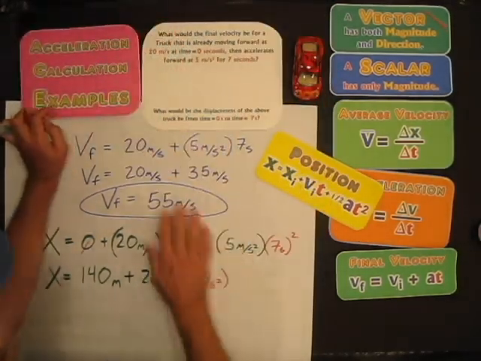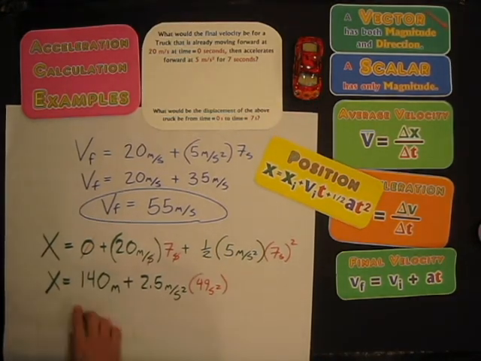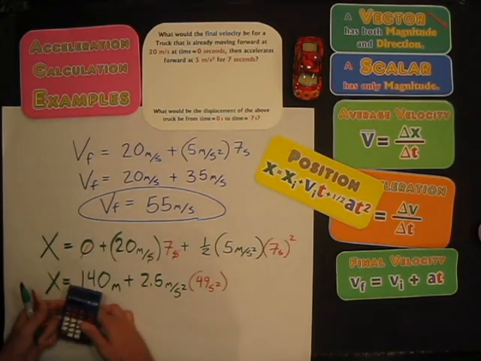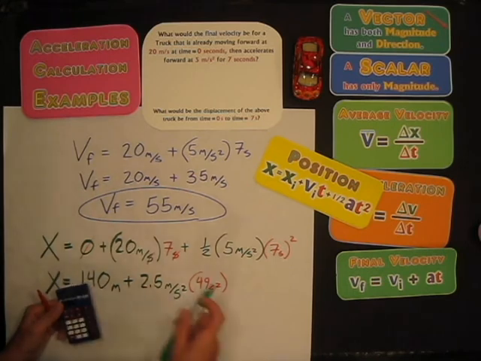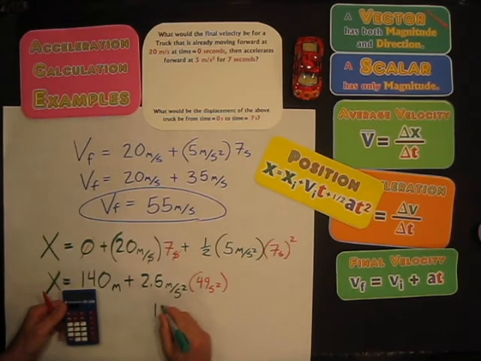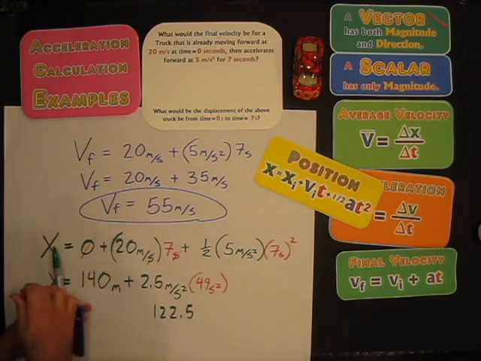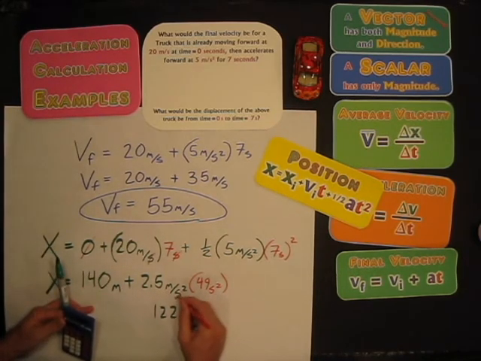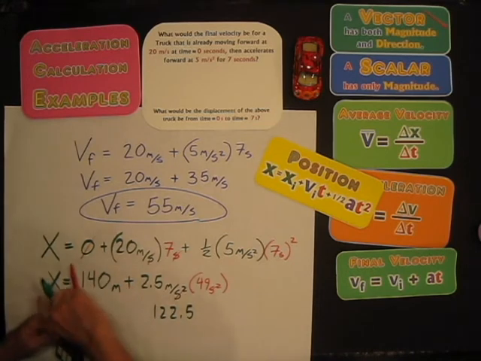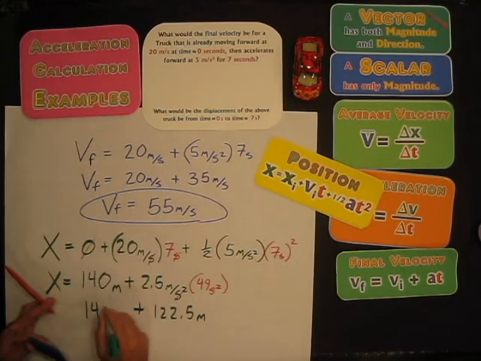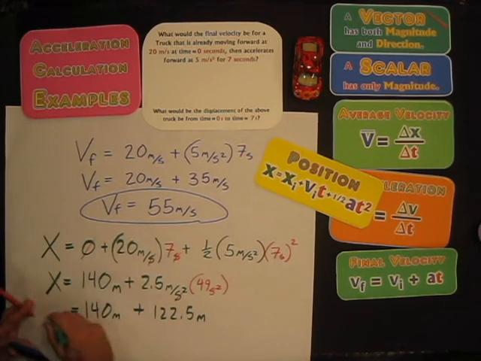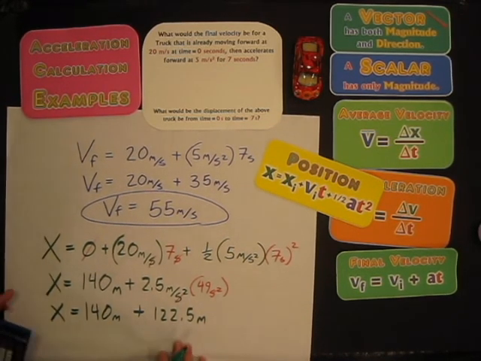So if you multiply the 2.5 times 49 equals 122.5, and then again, meters per second squared times seconds squared, the seconds squared cancel, and you wind up with meters. So now we've got 140 meters. x equals 140 meters plus 122.5 meters.